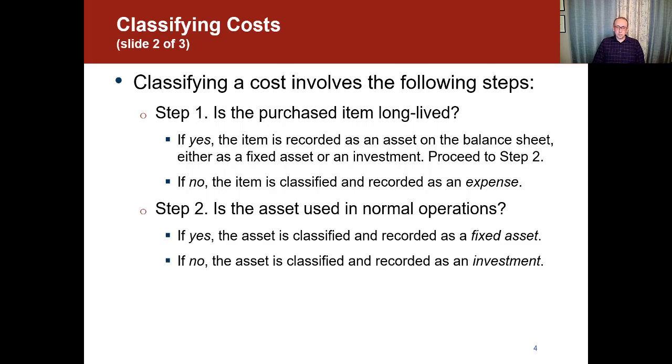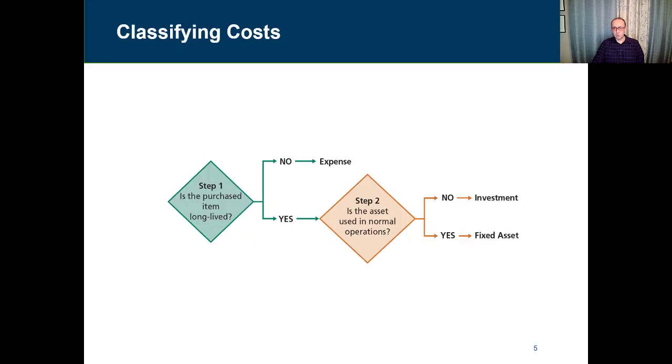Then the second question: is the asset used in normal operations? If it's yes, then the asset is classified and recorded as a fixed asset. If the answer to this question is no, then we classify it as an investment. So I think this chart would summarize the whole process. In step number one, we ask: is the purchased item long-lived?